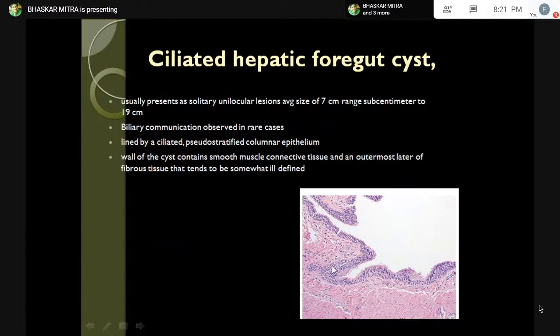Followed by this, if there is connective tissue followed by a muscle layer and again the outermost fibrous tissue, it almost mimics the gut. So it's a ciliated hepatic foregut cyst. It's a developmental cyst. So in a cystic lesion with smooth muscle in the wall, we might be dealing with a hepatic foregut cyst.